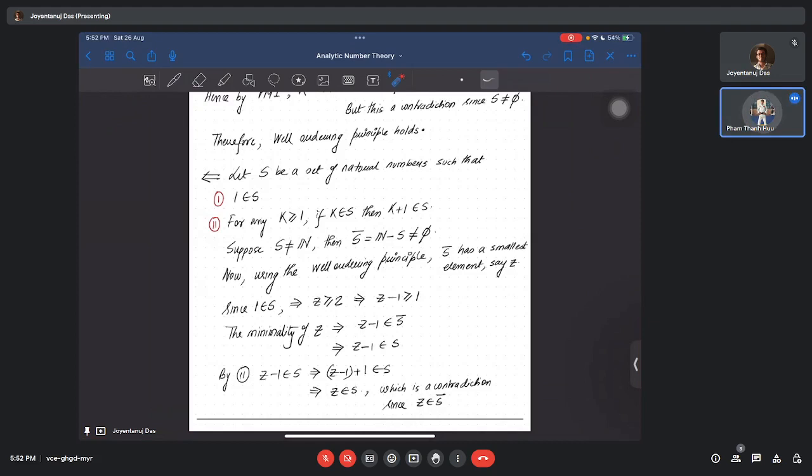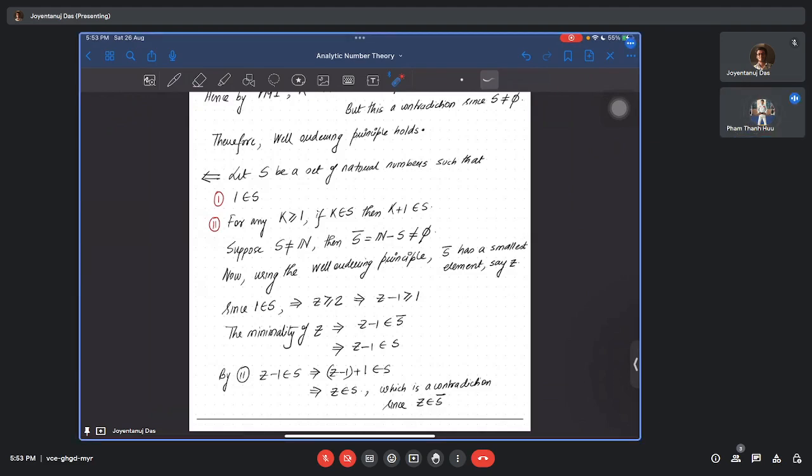Okay. What we have to prove is: from well ordering and the hypothesis of induction, we want to conclude the consequence of induction, that is, S equals n.